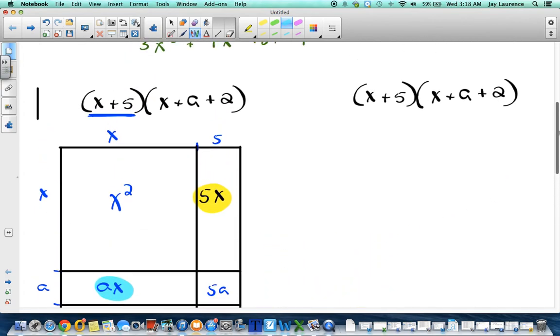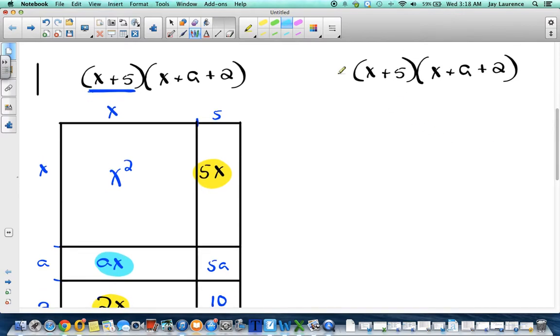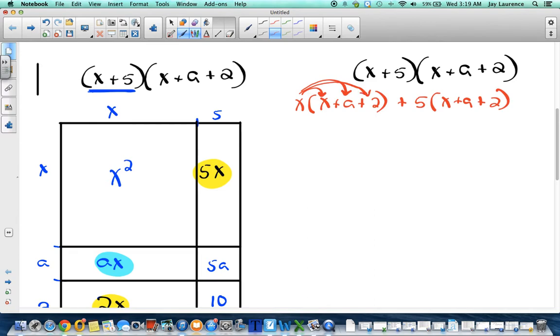Okay, so let's see how I'm going to do this differently. I'm going to do it without drawing a picture. Now, you need to be able to understand both ways. Well, if this said x times the quantity x plus a plus 2 plus 5 times the quantity of x plus a plus 2, you would distribute this x, right? And you distribute the 5.